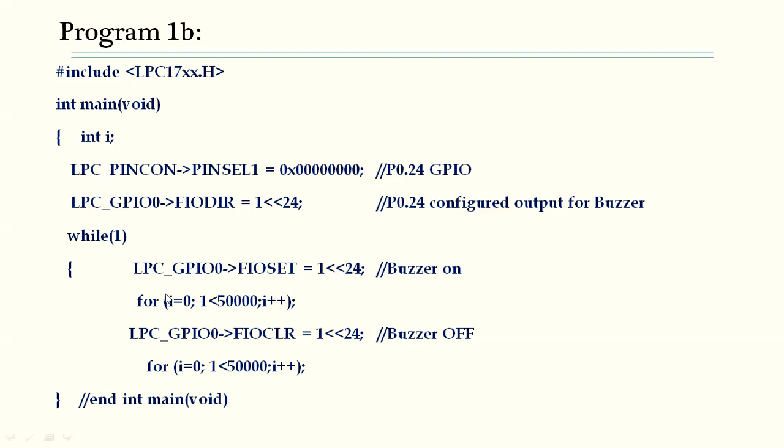Then call the delay so that you'll be able to hear the buzzer being on for a certain duration of time. And then again you clear that particular bit P0.24, wherein the buzzer will be off. You call the delay. So this process keeps repeating.